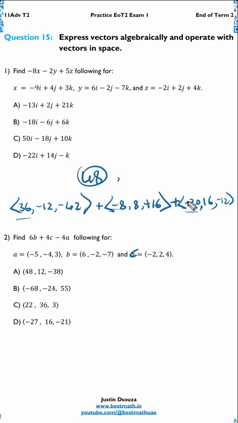It's going to be 12, my bad. It's minus 24 minus 12, which is positive 12. And last one, minus 42 minus 12 will be minus 54. And over here it's going to be negative 38. So this will be the answer. You can see it's option A, that's the correct answer.